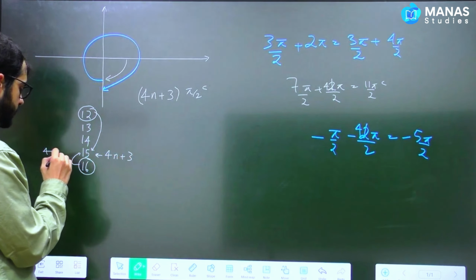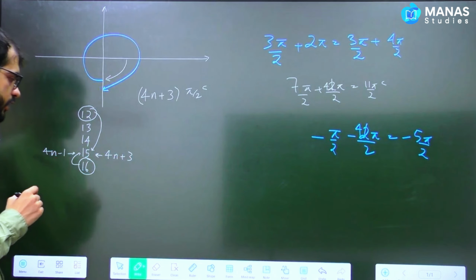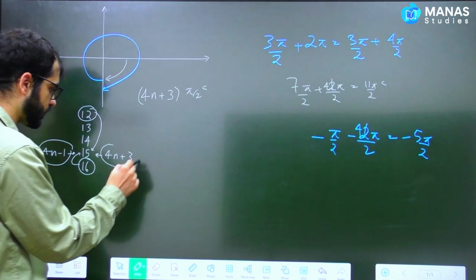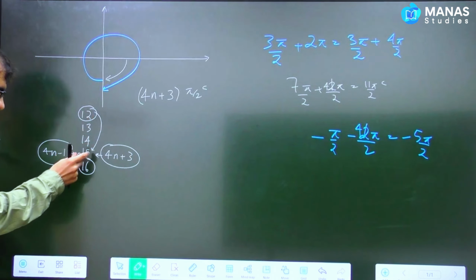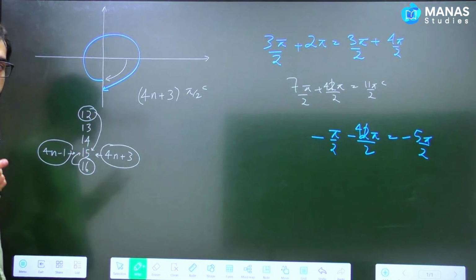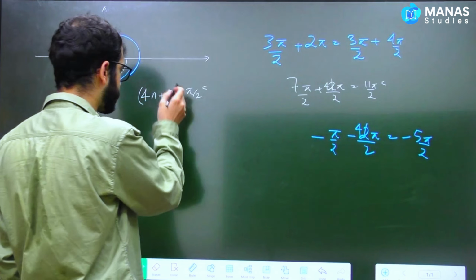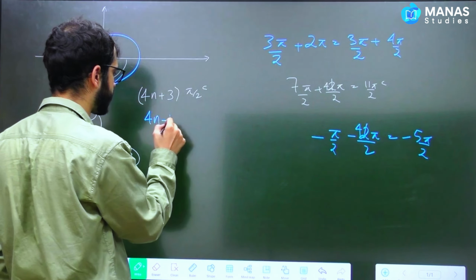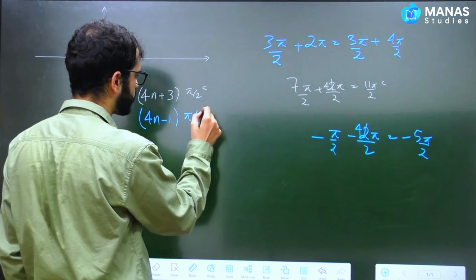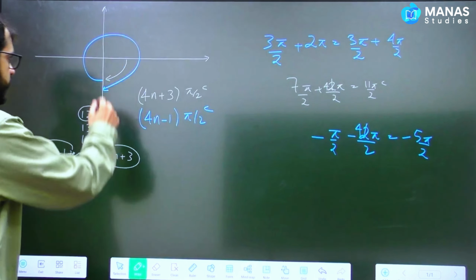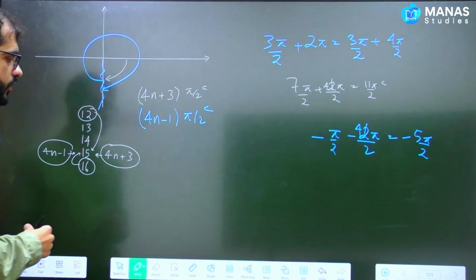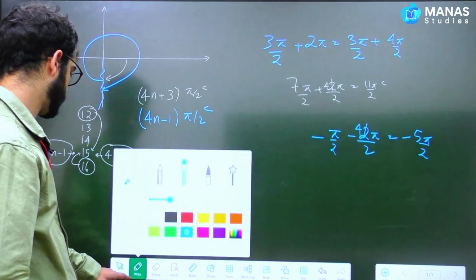If I do 4n minus 1, I again come to 15. So 4n minus 1 and 4n plus 3, a multiple of 4 plus 3 and a multiple of 4 minus 1, they both refer to the same point. So instead of writing 4n plus 3, I can also write 4n minus 1 pi by 2 radians. So both these angles refer to negative y-axis. I hope this was clear.